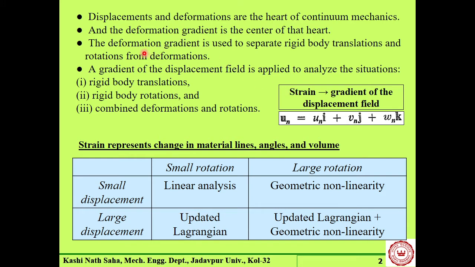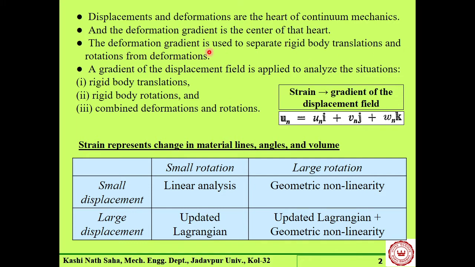Now the deformation gradient is used to separate rigid body translation and rotation from deformation. So there can be a rigid body translation and a rigid body rotation. Let us come back to this. There was displacement and deformation. So what does it imply? The term displacement refers to rigid body translation and rigid body rotation.